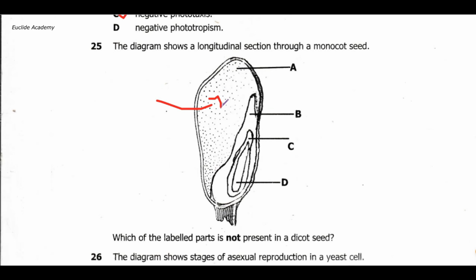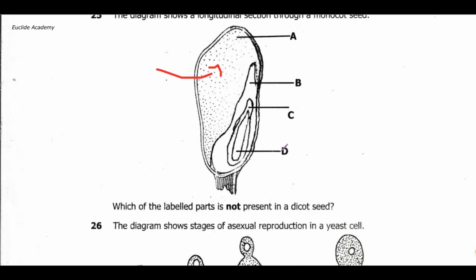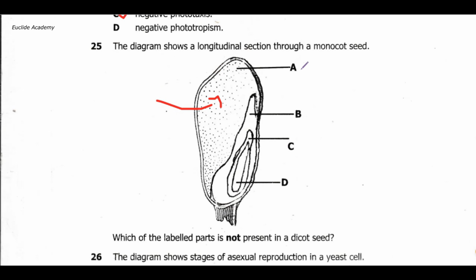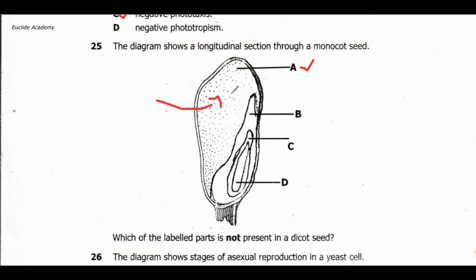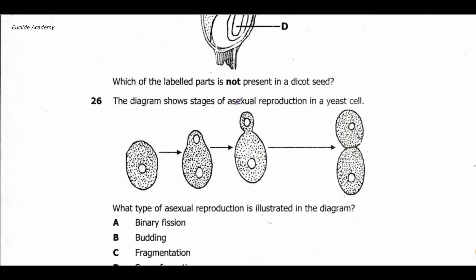So what they do not have is the endosperm, which is A. So this part is not available in a dicot seed, the endosperm. Then you've got the cotyledon, B, the plumule, the radicle. Okay, so all these are present in both monocot and dicot, apart from the endosperm.